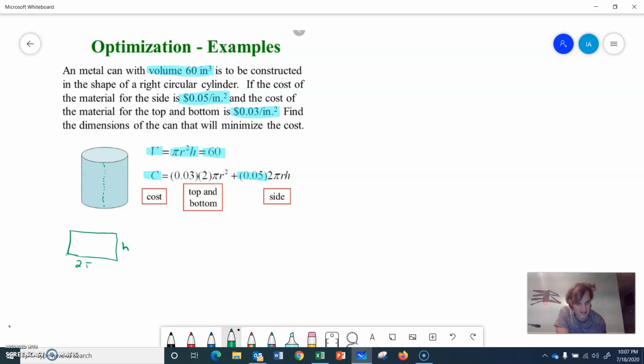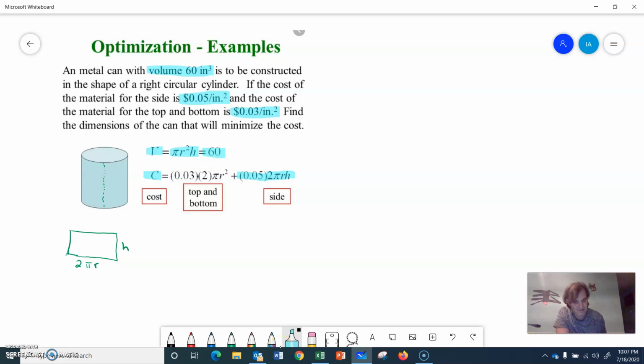So that's the 2 pi r. So the area of that would be 2 pi r, I wrote it wrong, but I said it right. So the area of the sides would be the area of that rectangle, 2 pi r h. And that's what we have over here. That's the area of the sides times the 5 cents per square inch.